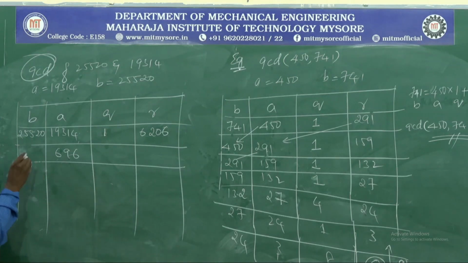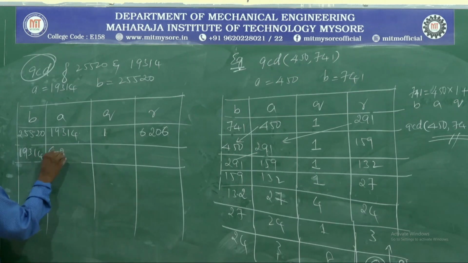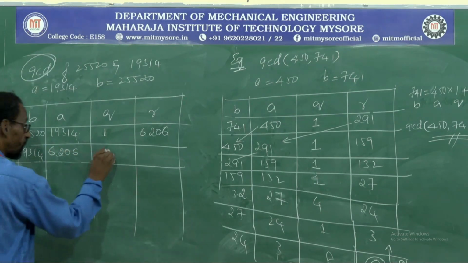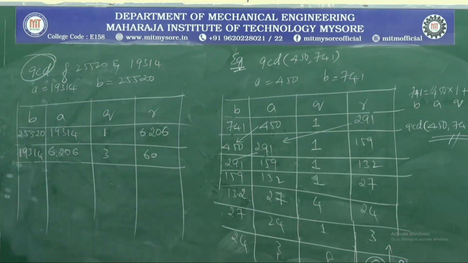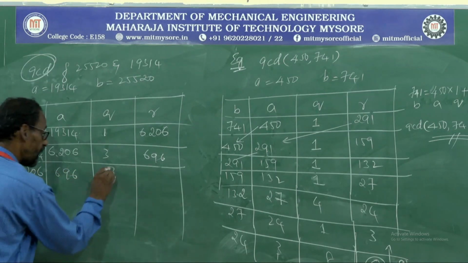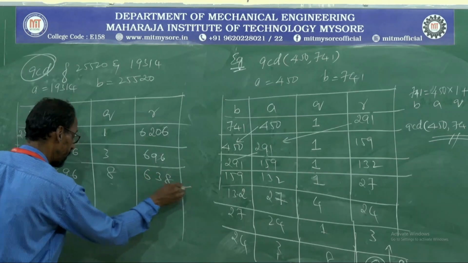Now you consider 19314. Consider 6206. It is 3. It is going to be 696. Now consider 6206, 696. It is 8 and 638.